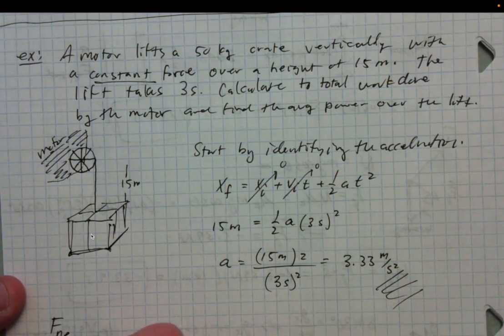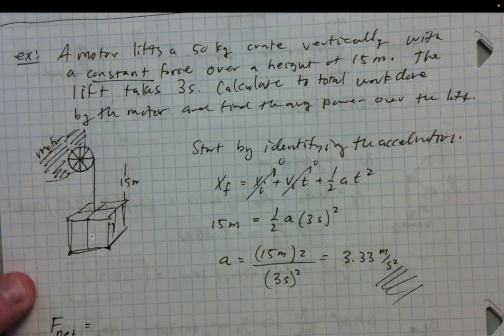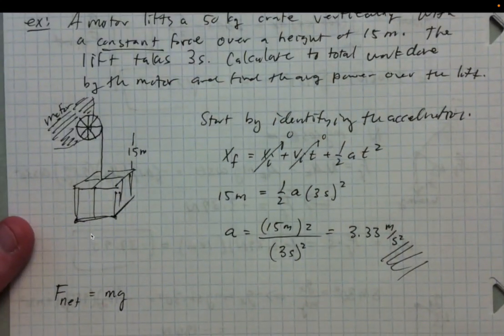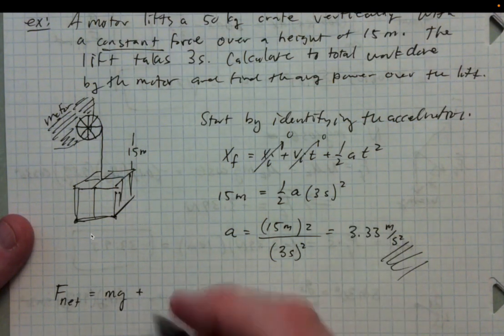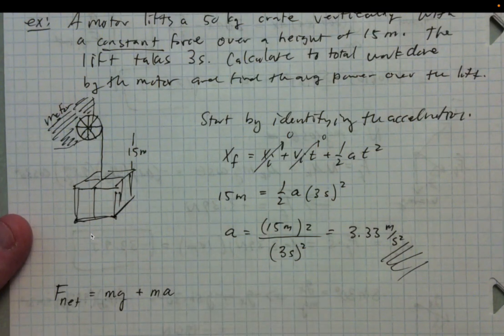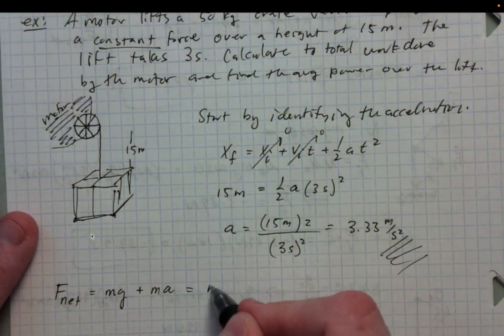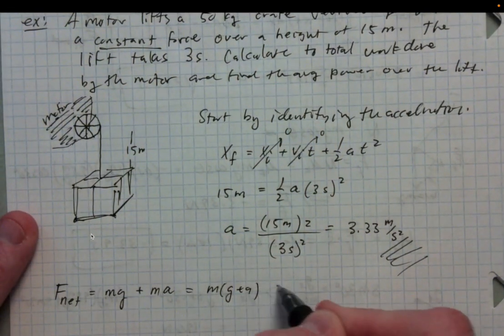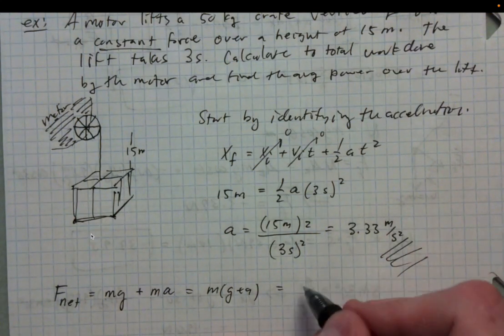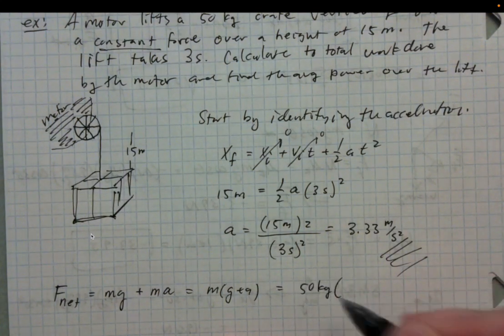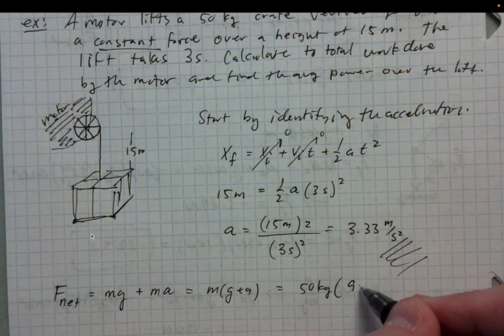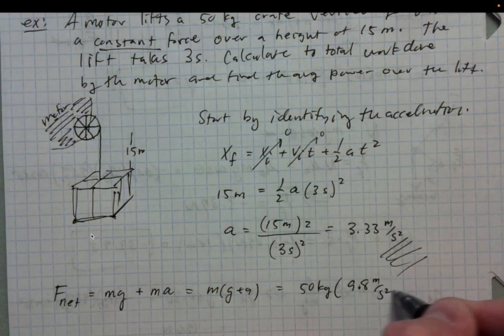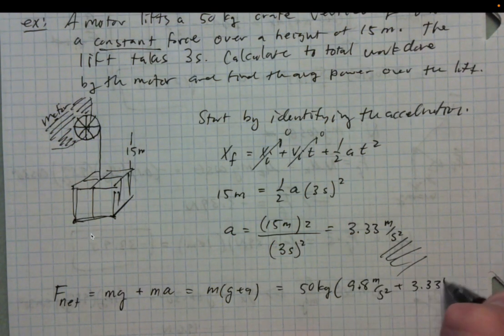The net force is going to have to equal mg, the weight of the object, plus ma to get this acceleration. So this would be m times g plus a, and if we plug in those quantities, that'd be 50 kilograms times 9.8 meters per second squared plus this 3.33 meters per second squared.